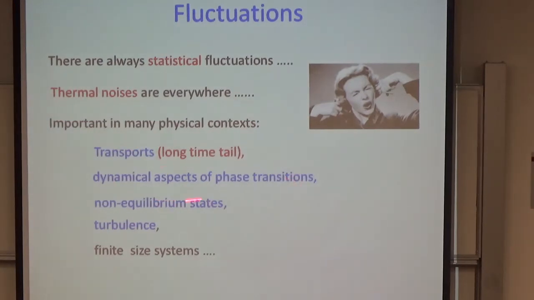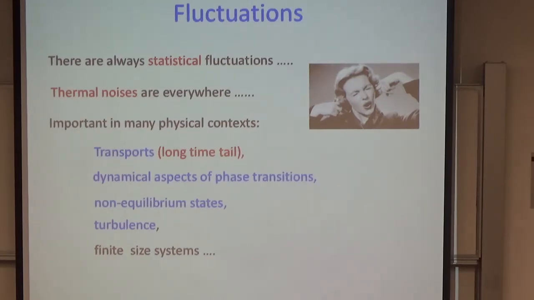They also matter for dynamic aspects of phase transitions, non-equilibrium states, turbulence, etc. So there are many places where hydrodynamic fluctuations play a very important role. But so far, we either could not treat them or treat them only phenomenologically near equilibrium. And in far-from-equilibrium situations, we don't know how to do it. There's no systematic way.